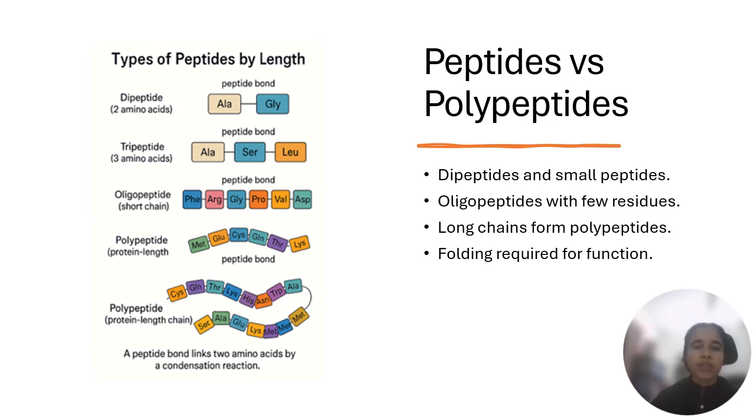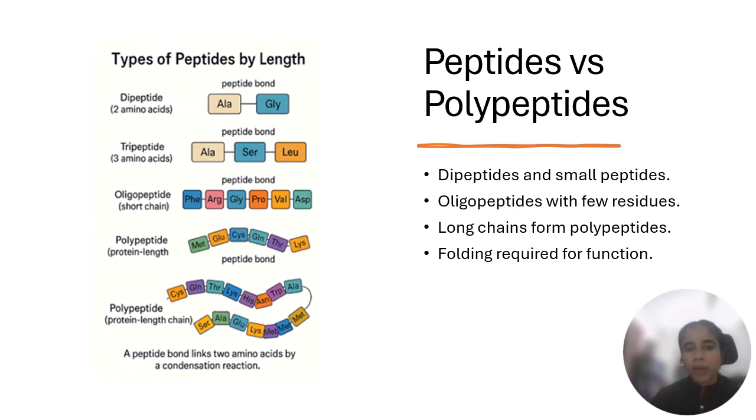Now that we have understood how peptide bonds form, let us see how amino acids assemble into larger chains. When just two amino acids join together, they form a dipeptide. If three of them join together, they form a tripeptide. If a few amino acids link together, usually fewer than 10, we call them oligopeptides, meaning short chains.